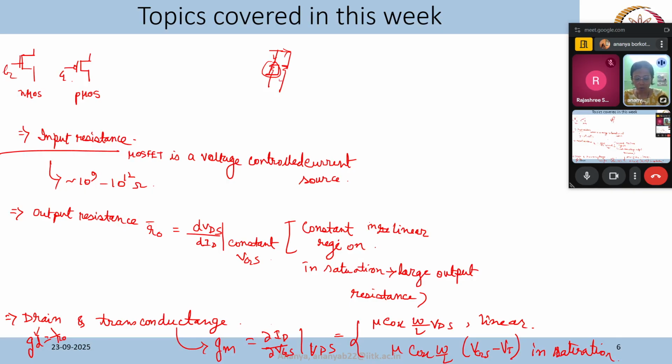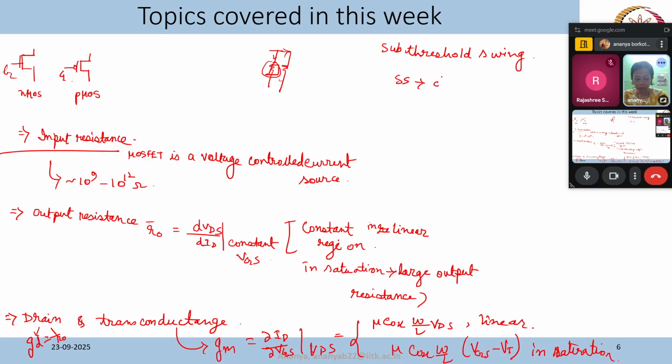Okay, so we have also defined another term that is known as subthreshold swing. This is a very important term in MOSFET. How it comes was discussed in the lecture video, please go through it.